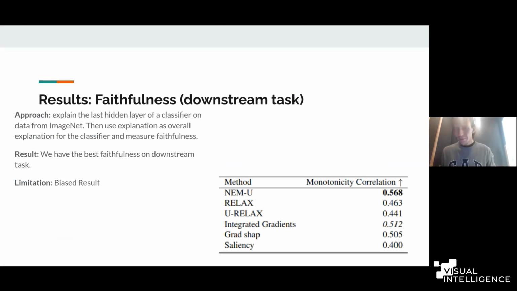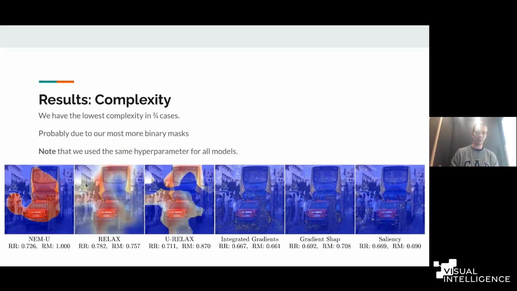So, faithfulness, and this is the thing that's most interesting. Once again, we couldn't find any good faithfulness measures while we made the paper. To first explain what faithfulness is: if you take an image, the idea of faithfulness is to test the relation between the actual output of the model and the mask we give.